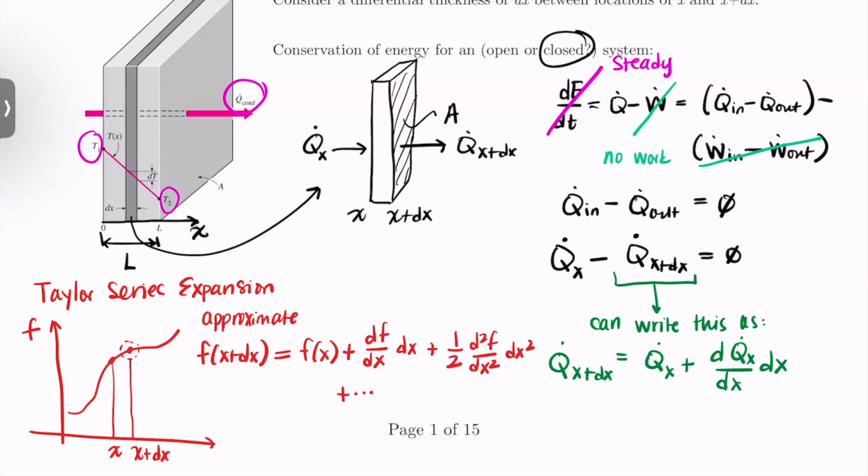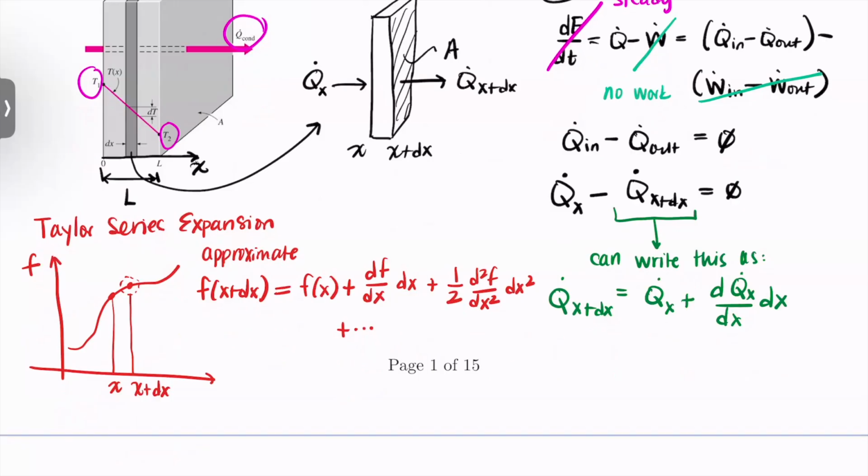So this is just a truncated version of this to predict what q dot at x plus dx is based on what q dot at x is. Okay? Okay, awesome.